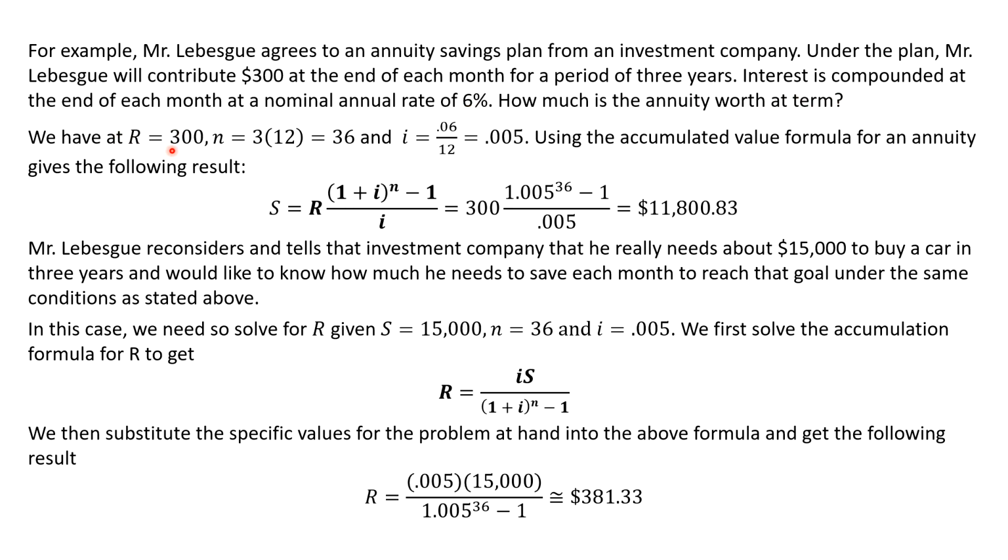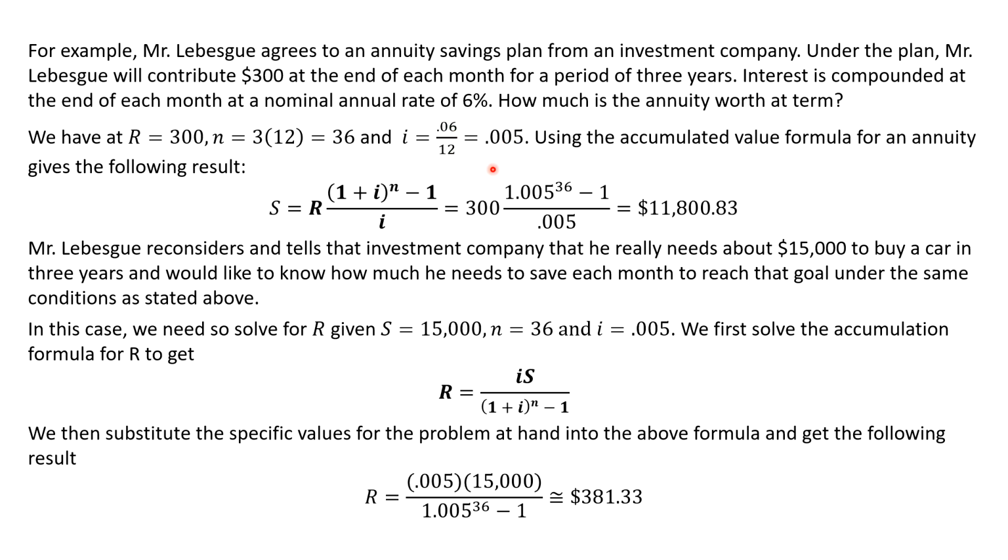So we have R equals 300, and 3 is the number of years, times 12, given he's paying into it once a month. So you get 36 periods. Then the rate per period would be 0.06 divided by 12, or 0.005.